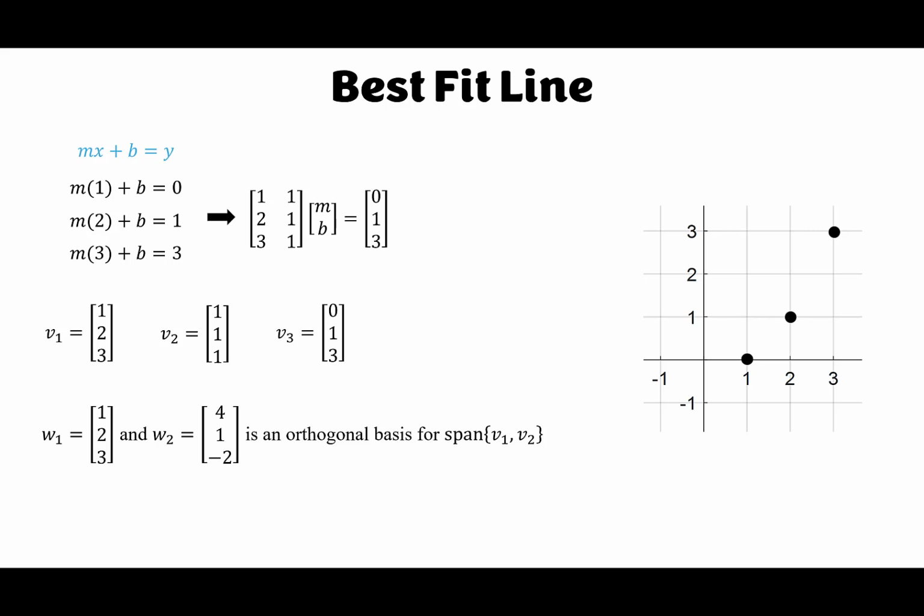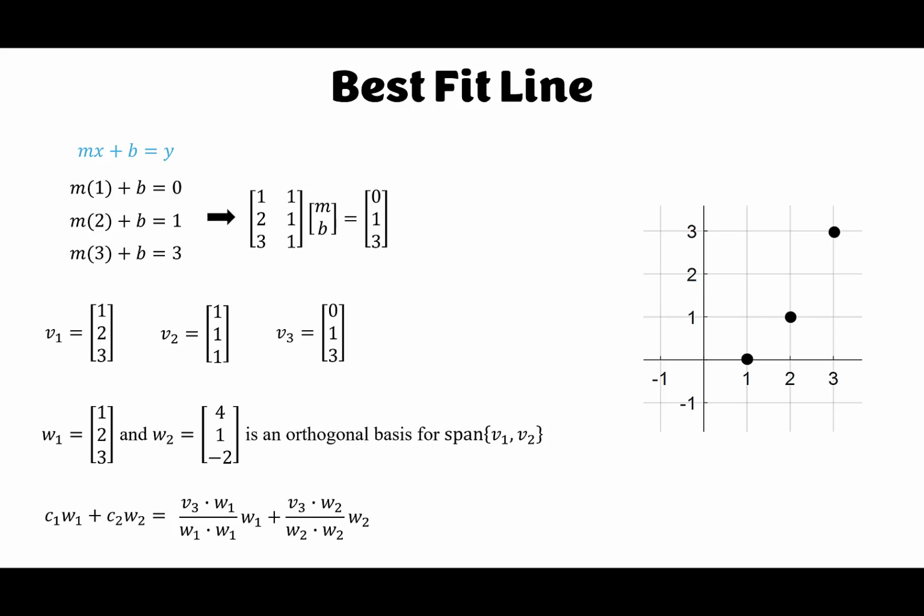And now we can do the calculation C1 W1 plus C2 W2. So V3 dotted with W1 divided by W1 dotted with W1 all times W1 plus V3 dotted with W2 divided by W2 dotted with W2 times W2. That's the calculation that we were doing before.